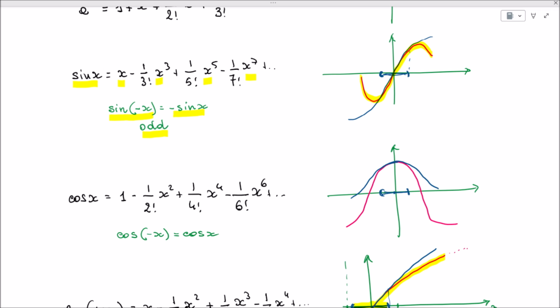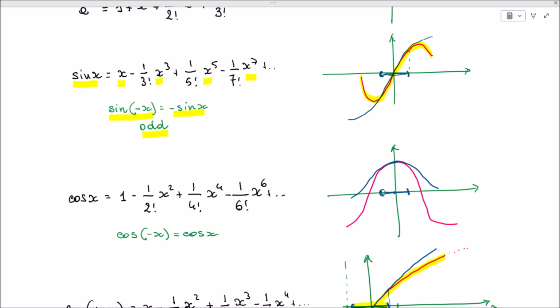Think, for example, of the cosine. We know that the first derivative, which is an odd derivative, is the sine. The same happens for the third derivative, another sine, and for the fifth derivative, another sine. So every odd derivative of an even function is an odd function.